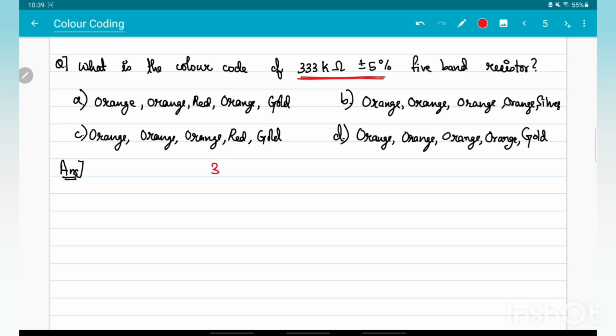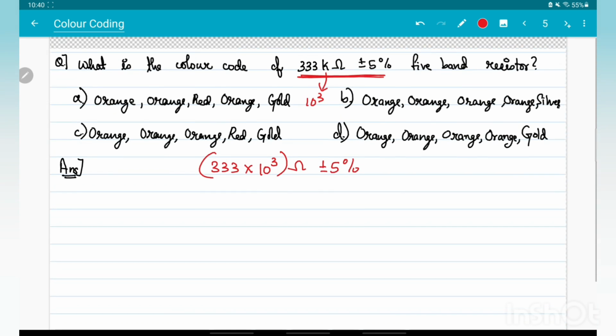So they have given over here 333 kilo ohms. Okay, so kilo ohms means this K over here represents 10 to the power 3. Okay, it is kilo, that is 1000, or 10 to the power 3. So you can write it as this into 10 to the power 3 whole ohms, because this is 333 kilo ohms, that is 333 into 10 to the power 3 ohms plus or minus 5%.